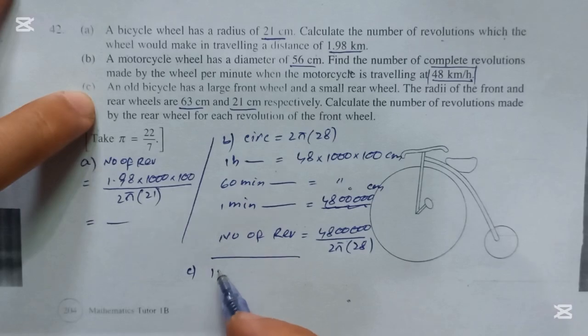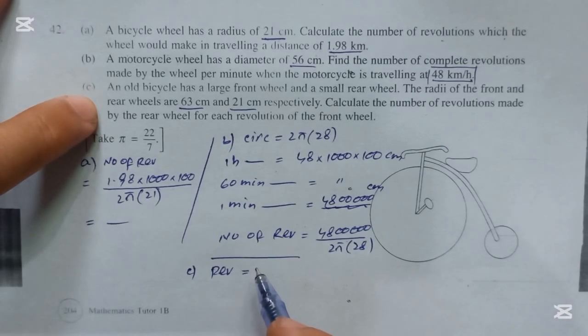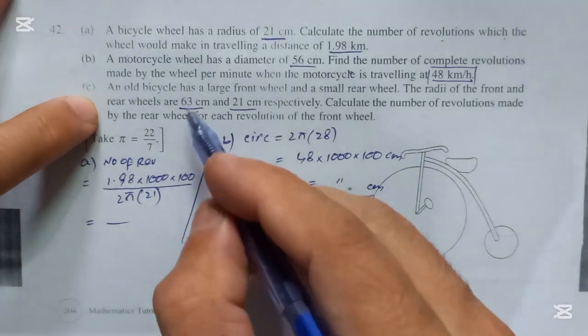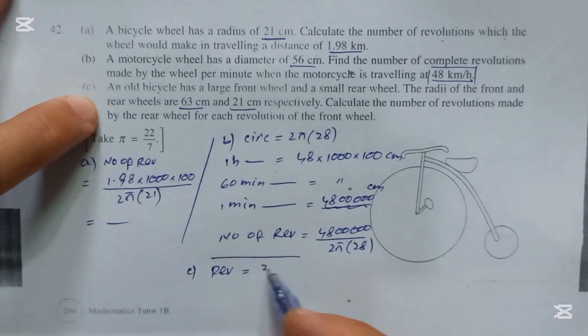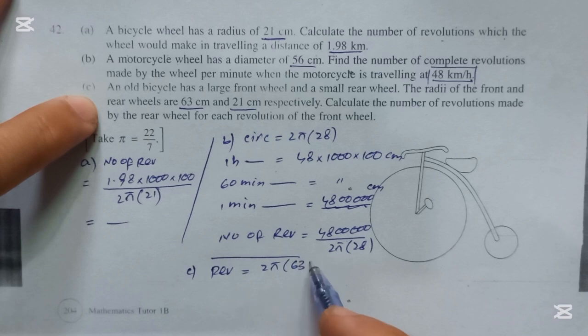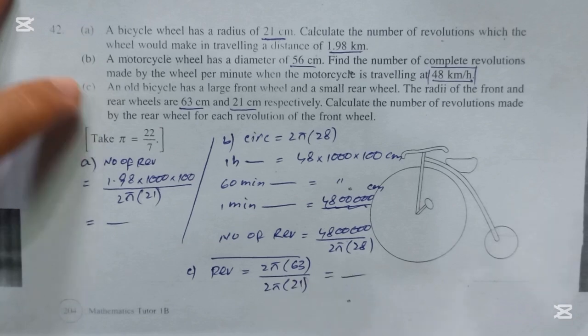So this is very simple. Divide, okay, circumference of the bigger wheel should be in numerator, and in denominator put the circumference of the smaller wheel. Solve it on the calculator, you will get the answer.